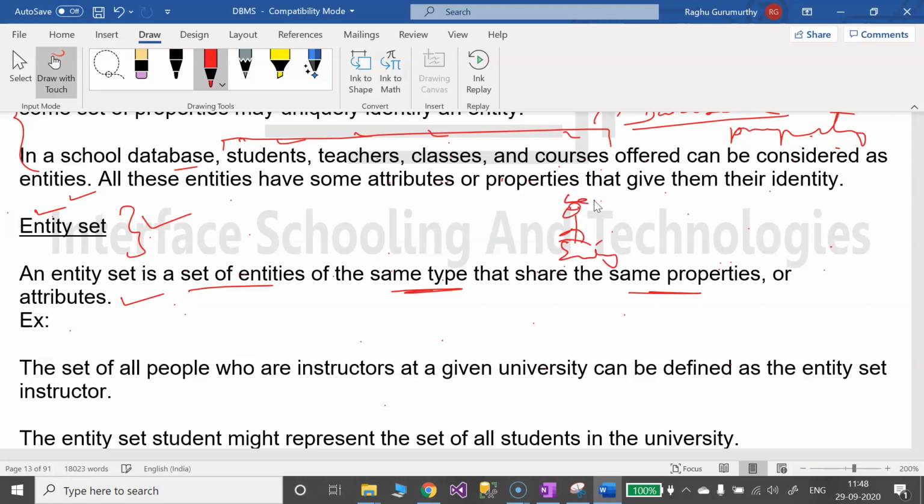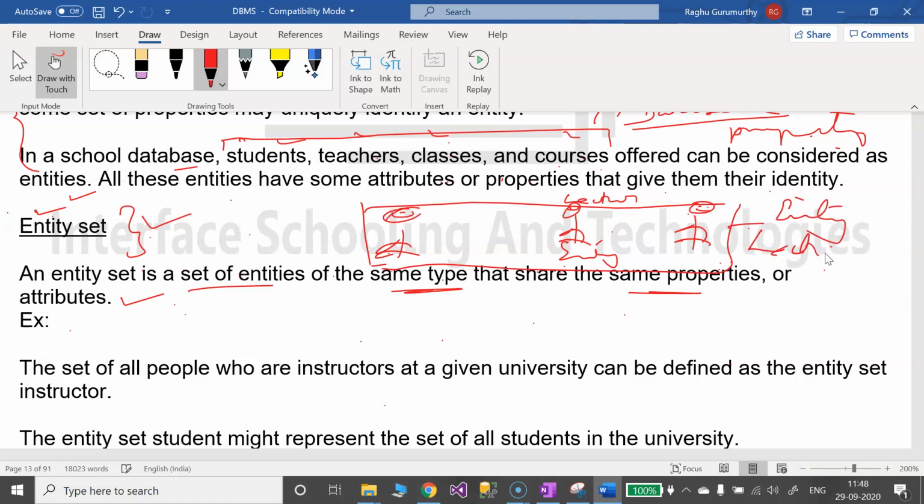I am a lecturer. So consider another lecturer and one more lecturer. By considering these three lecturers, we call it an entity set. What kind of entity set? Lecturer entity set. Keep in mind, lecturer entity set.